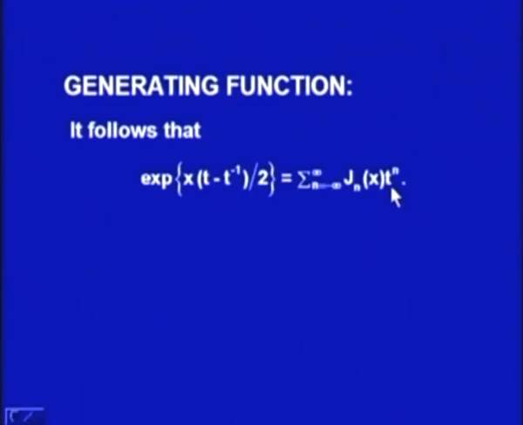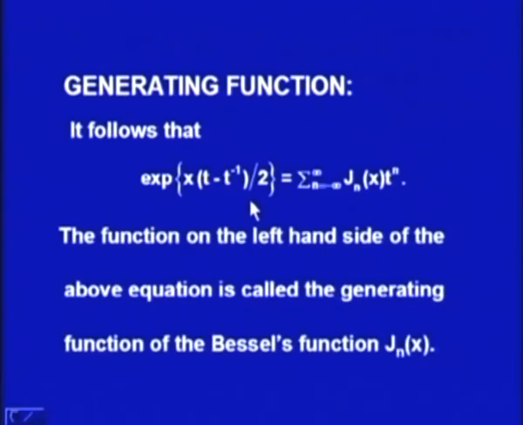So, the Bessel functions of various orders can be derived from the coefficients of the powers of t, and that is why we call this exponential of x(t minus t to the power minus 1)/2 the generating function for the Bessel functions. The function on the left hand side of the above equation is called the Bessel generating function of the Bessel functions J_n(x).